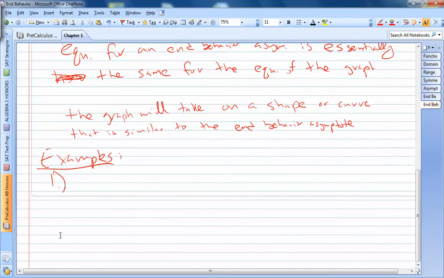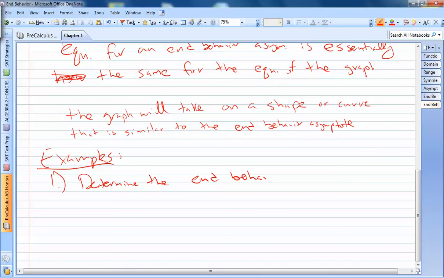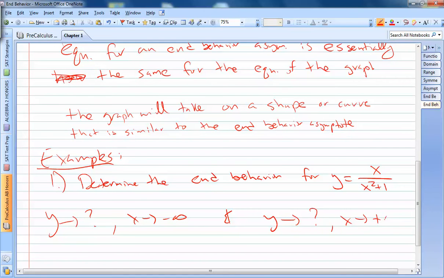Okay. Let's say I were to determine the end behavior for y equals x over x squared plus 1. What we want to figure out is what happens to y when x approaches negative infinity, and what happens to y when x approaches positive infinity.